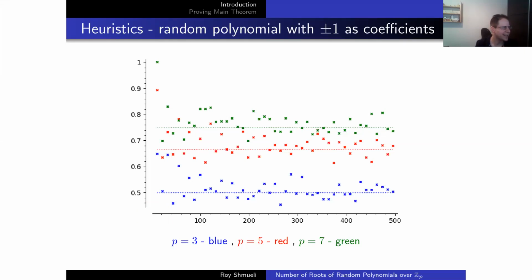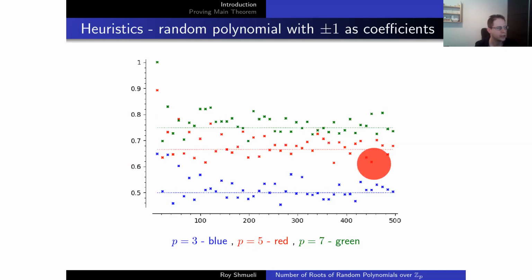So the x-axis, the horizontal axis, is the degree of the polynomial, and the vertical axis is the average number of roots.